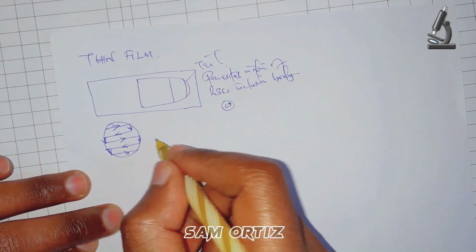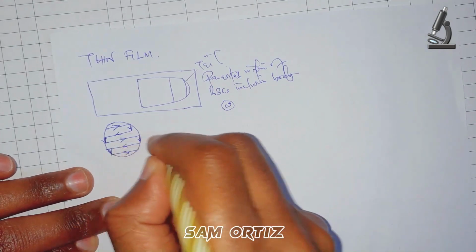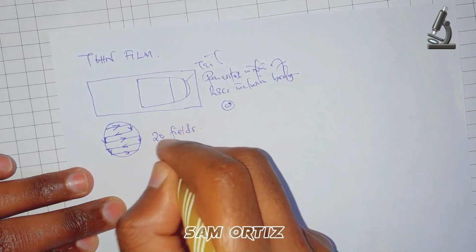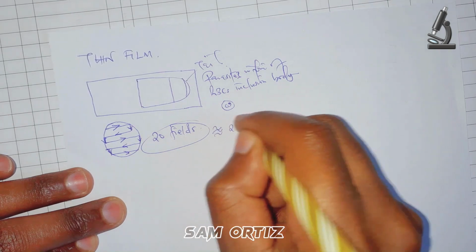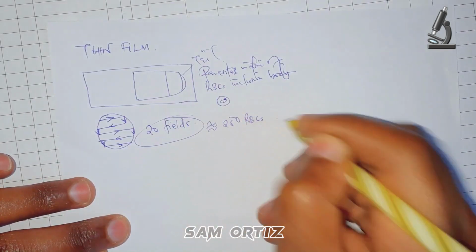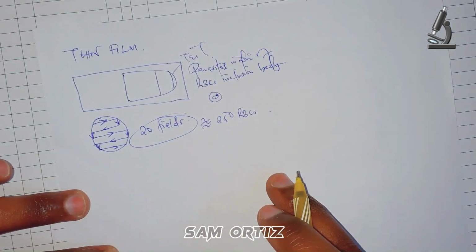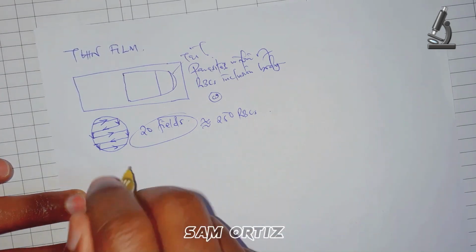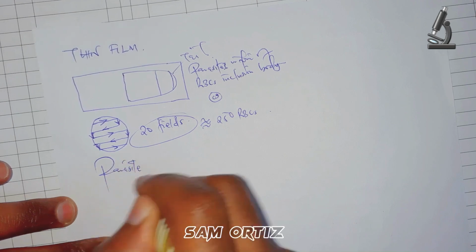So when counting, in this case we always count the number of red blood cells that are infected with malaria parasites, and the total number of red blood cells, the infected ones and those that are not infected. So immediately you examine 20 fields, which is equivalent to 250 red blood cells, you just stop there and then start your calculation.